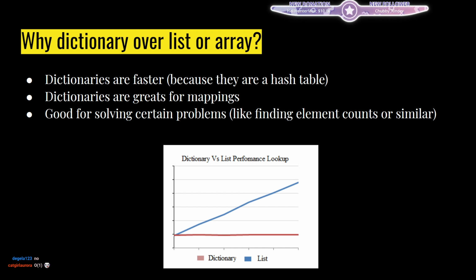So it's very suitable for certain problems. And yeah, lookup itself is O(1) because it's a hash table and that's how they work. Though dictionary doesn't have to be a hash table, it just happens to be implemented that way in C#.